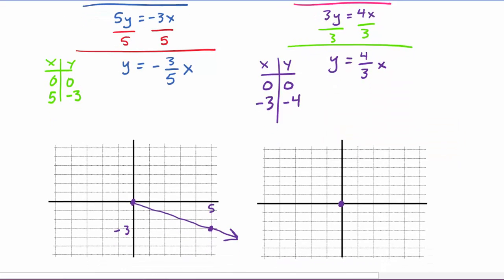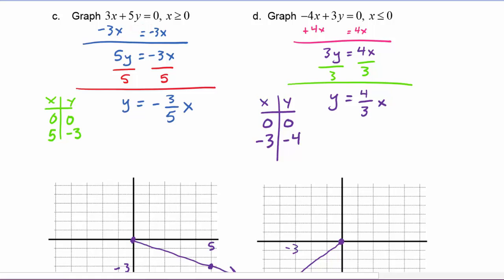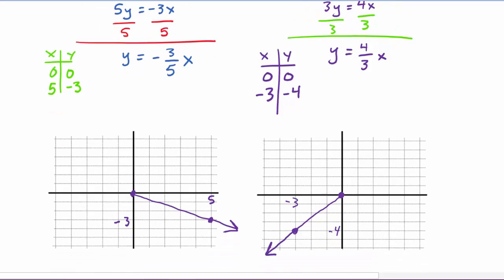So to plot our ray this time, we're going to go negative 3 and down 4. And here's our ray. So when you have the equation of a line followed by the restriction on the domain, it takes the line and turns it into a ray.